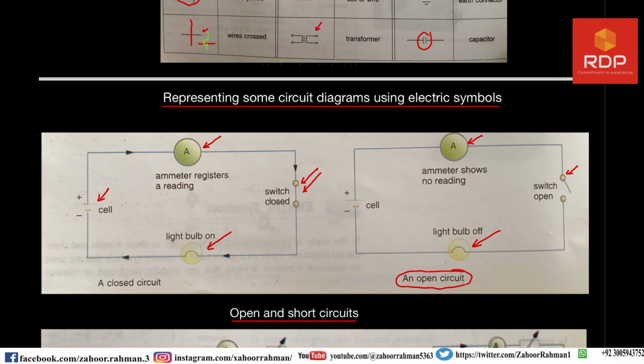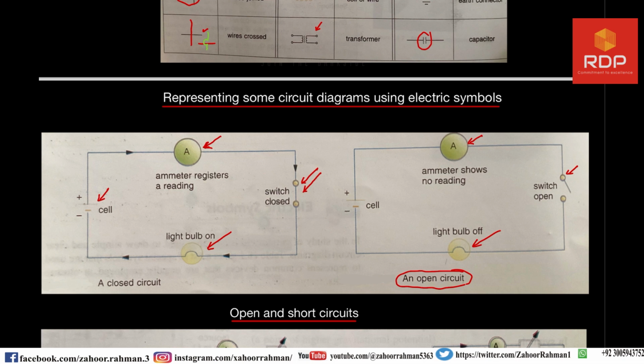How much energy this cell is producing in the form of current, an ammeter is used to understand this current flow, that is, how much current is passing through this circuit at this particular moment.